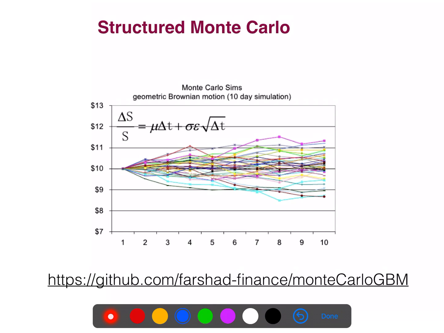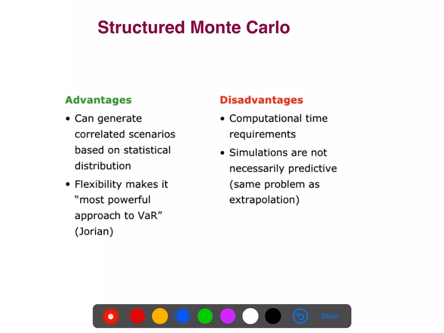And for the structured Monte Carlo, you can find it on my GitHub. I use geometric Brownian motion, and you can use it for stocks, bonds, any asset classes. The advantage is that it can generate correlated scenarios based on statistical distribution, and it is flexible. Flexibility makes it the most powerful approach to VaR, but it has some disadvantages.